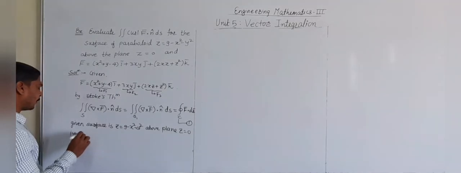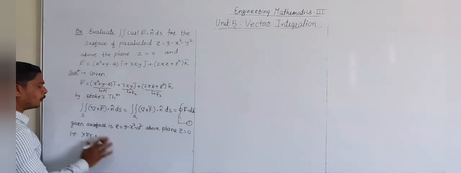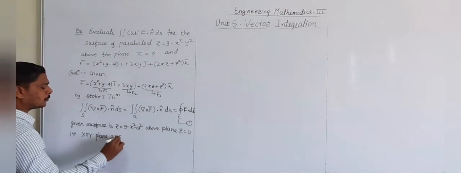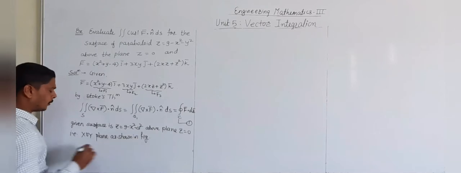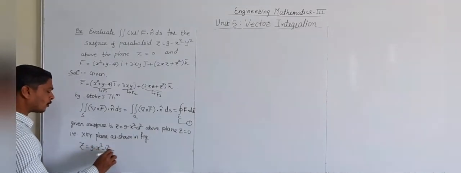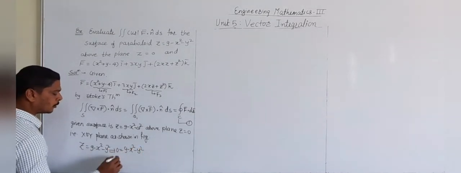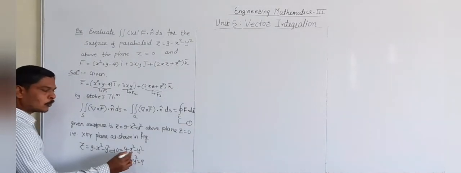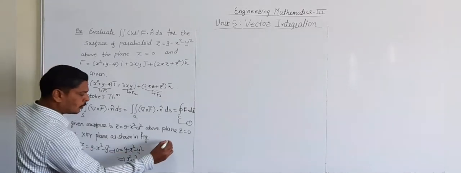That means the xy plane, above the xy plane, as shown in the figure. So z is equal to 9 minus x square minus y square. So this implies 0 is equal to 9 minus x square minus y square. So this implies x square plus y square is equal to 9. Shift both terms of x and y to the left side, the sign will be changed.